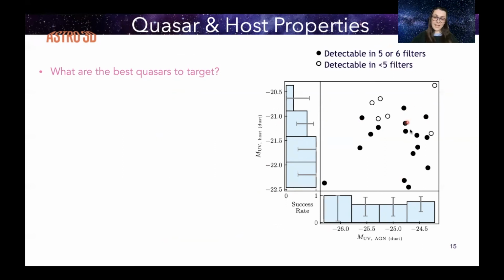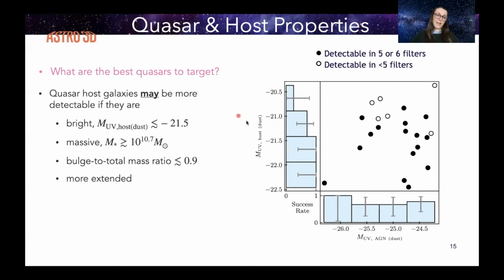We've got the black here, detected, and the white are the undetectable host galaxies. Here we have the host brightness against AGN brightness, and these histograms show the success fractions. Here we see that the brighter host galaxies have larger success rates than fainter host galaxies.